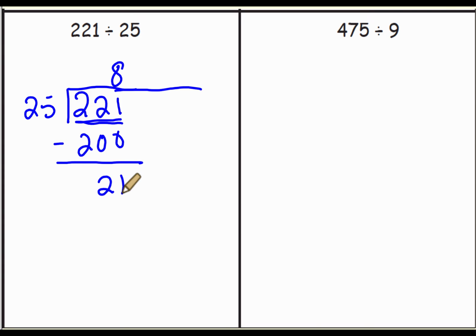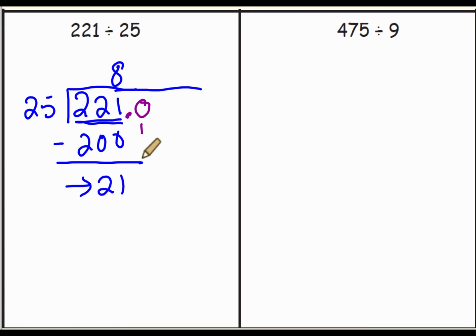Well, we could go ahead and stop and say it's a remainder, but we are going to be working on decimals. So we're going to remember that 221 and 0 tenths is also a valid number.